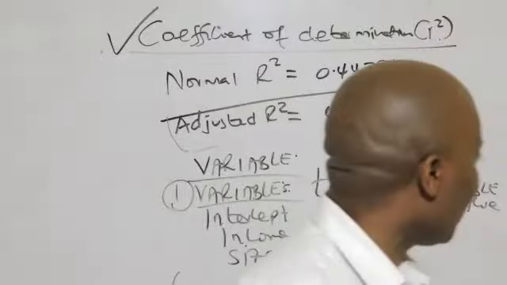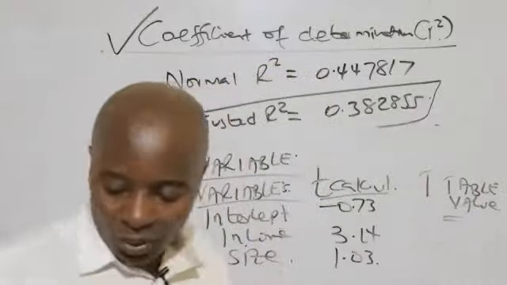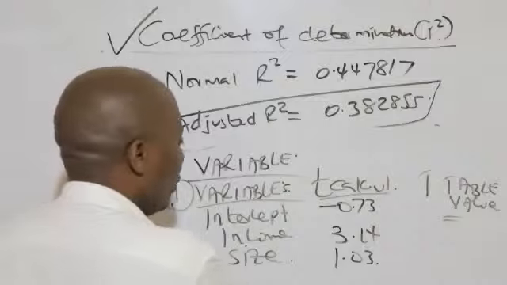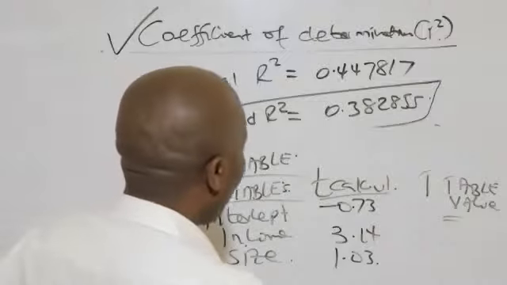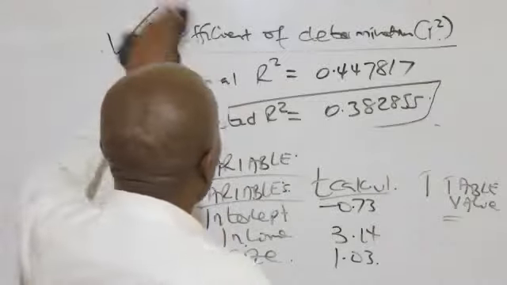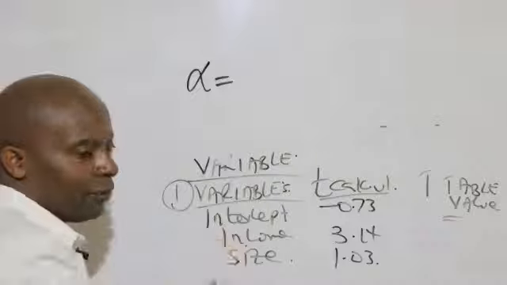So remember that for us, ladies and gentlemen, to be able to read the T tables value, we need two things. Number one, we need alpha, the level of significance.